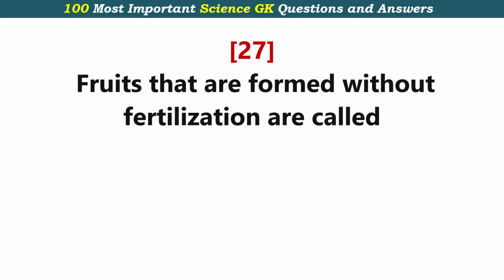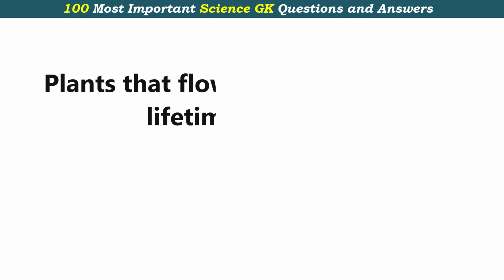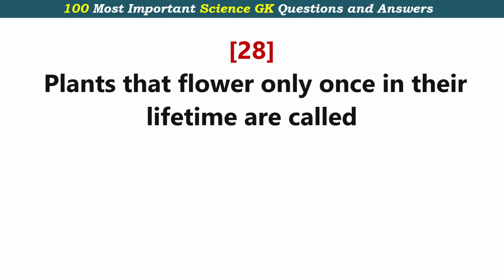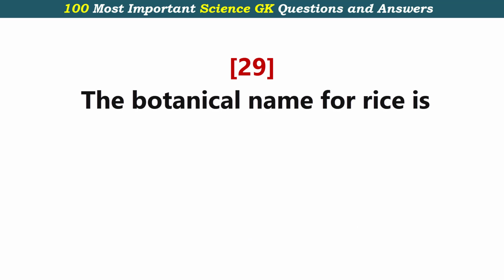Fruits that are formed without fertilization are called? Answer: Parthenocarpic. Plants that flower only once in their lifetime are called? Answer: Monocarpic. Botanical name for rice is?